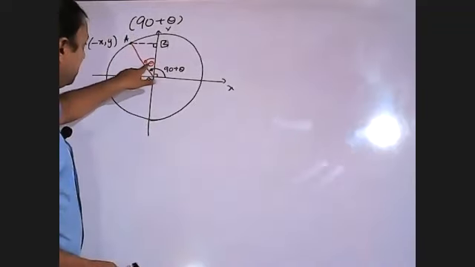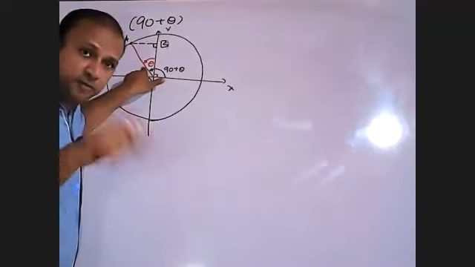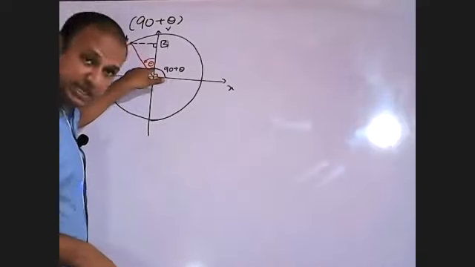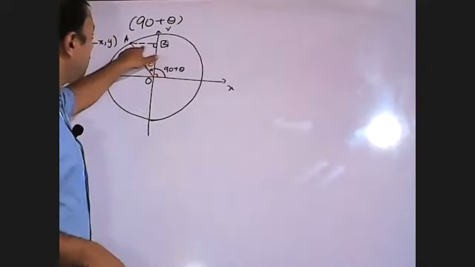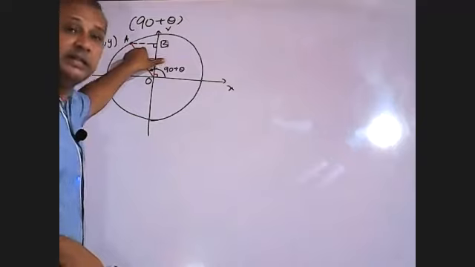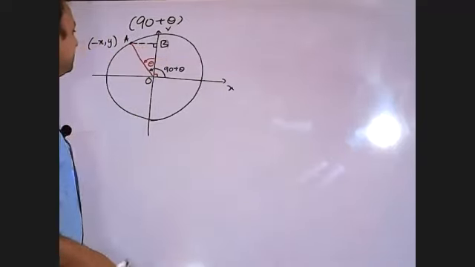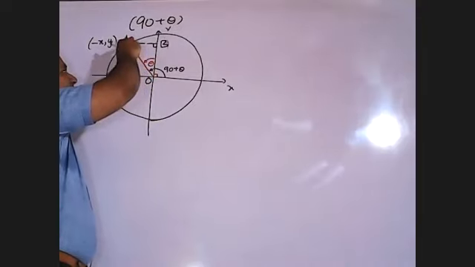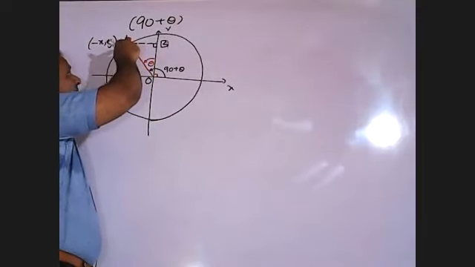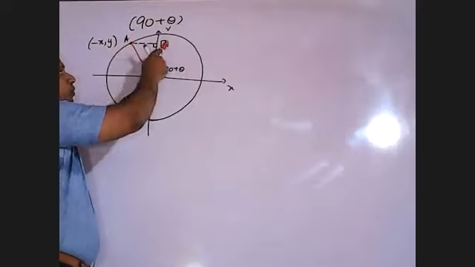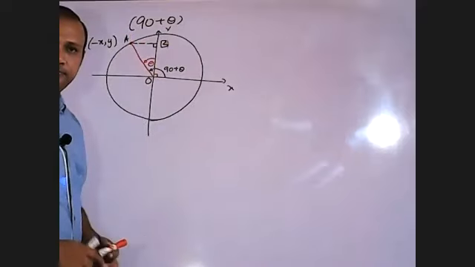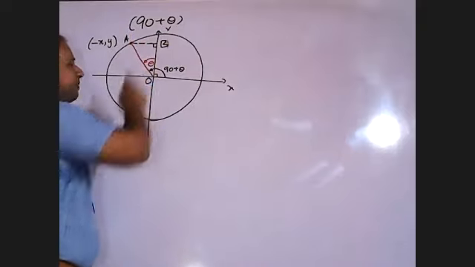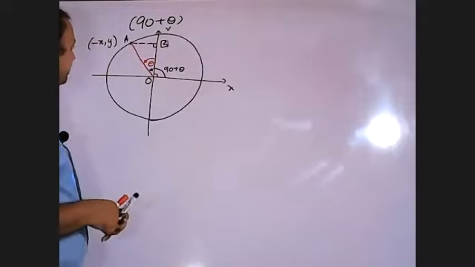Therefore, if you want to define the trigonometric ratio of theta, you have to construct a right angle triangle. Theta is this angle, no? Therefore, I have drawn a perpendicular from A to the y axis. Then OAB is a right angle triangle.